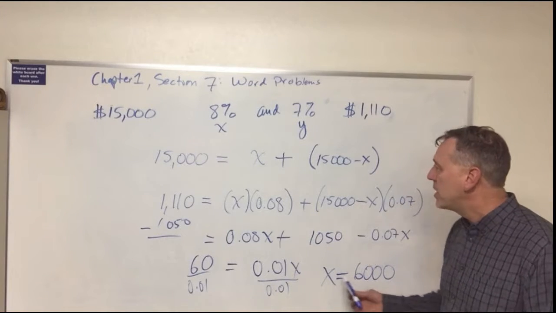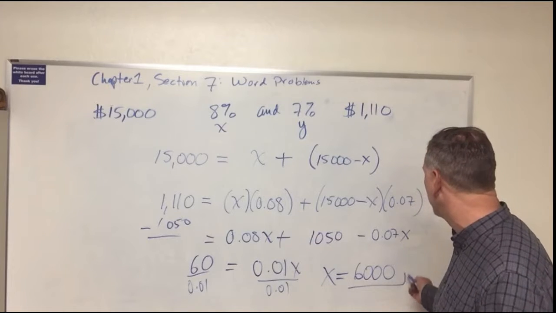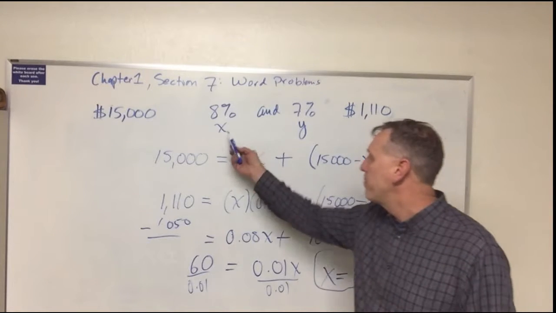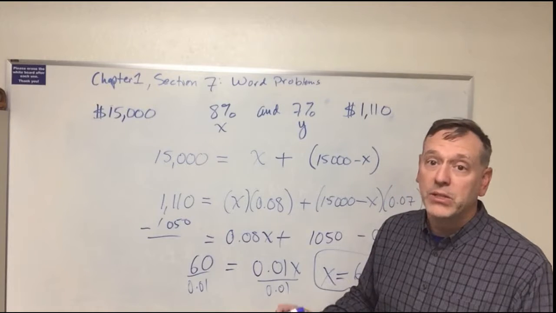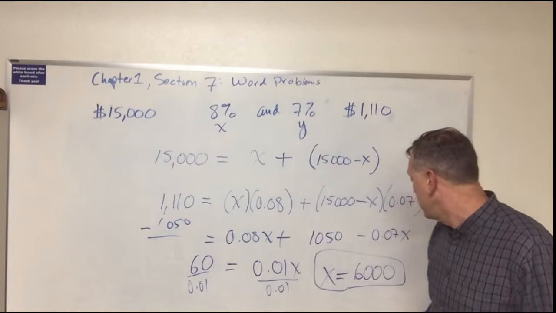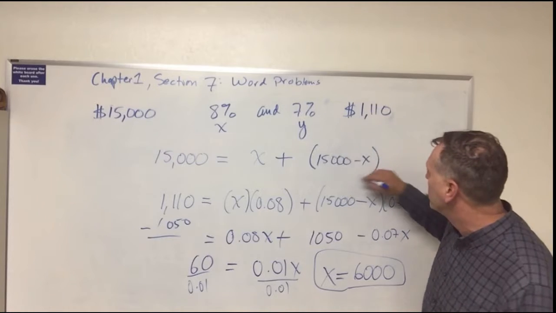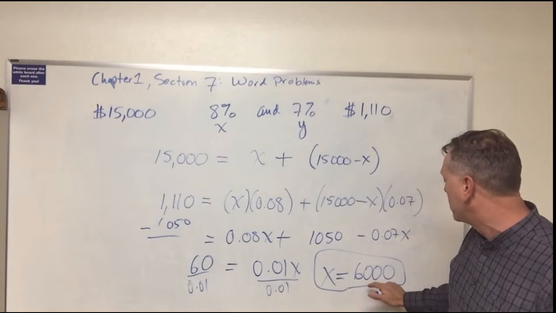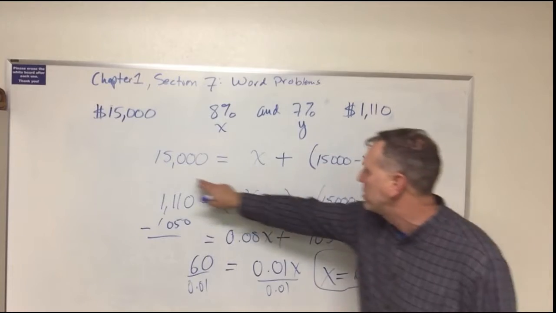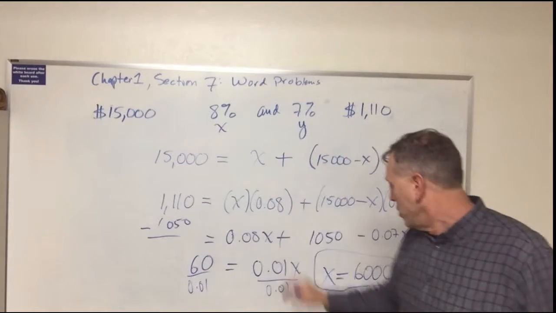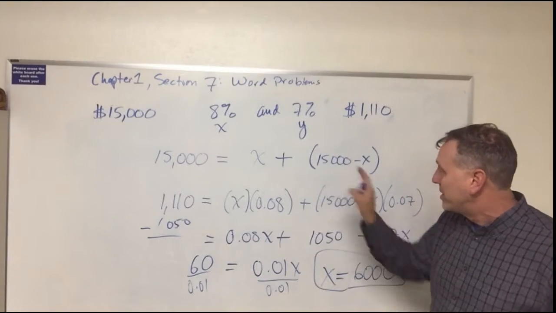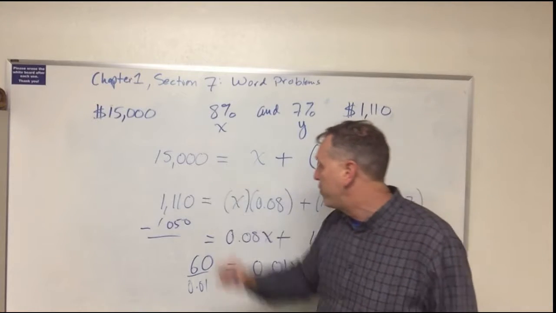Now, if X is 6,000, that's $6,000 that was invested at 8%. That means that invested at 7% was another $9,000, because this plus that must total 15,000. So 6,000 plus 9,000 equals 15,000.